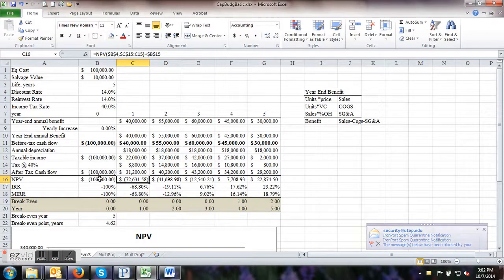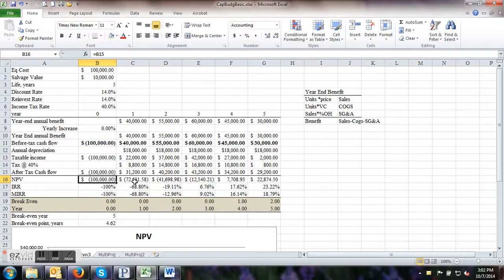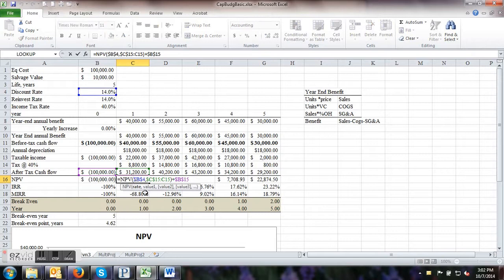NPV calculation. We're going to start right here. Our NPV is going to be just the series of our discount rate, which is our weighted average cost of capital, and then the sum of our positive cash flows, or whatever our cash flows after the initial one are, plus the initial cash flow, which is the negative here.